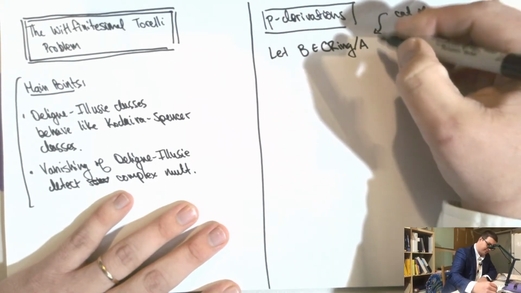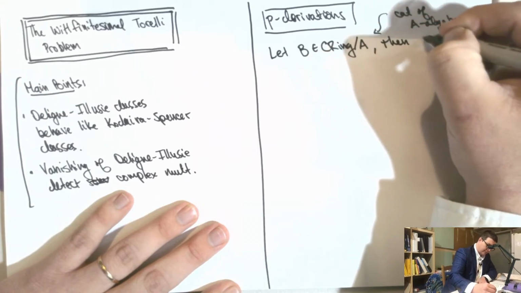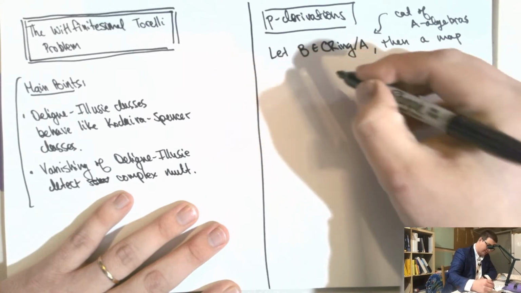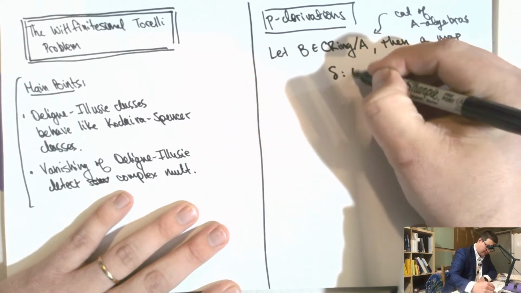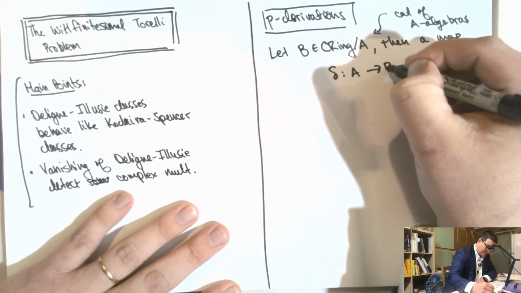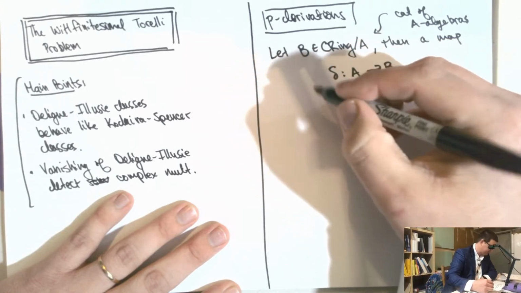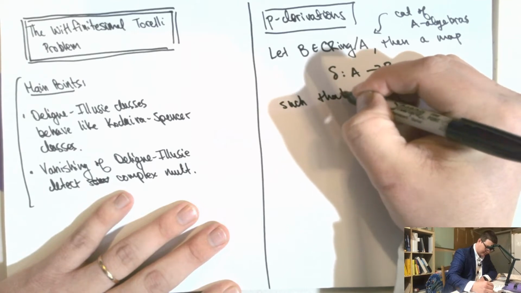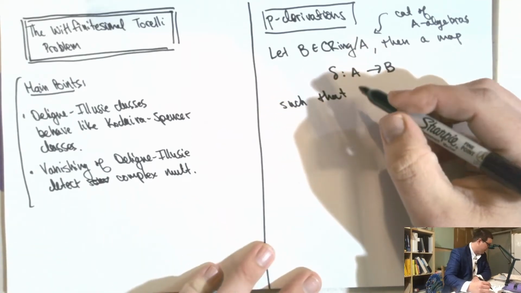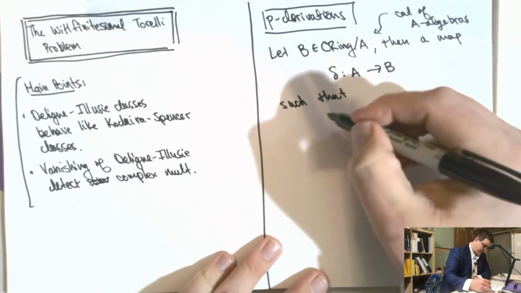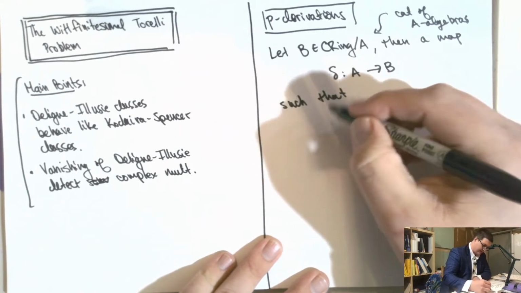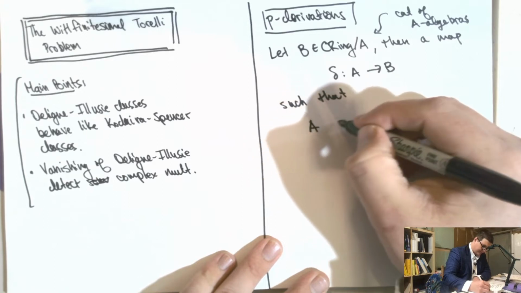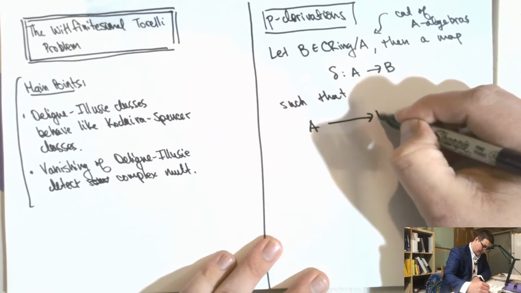Okay, then a map delta from A to B such that we have the following. So here we have A, and we go to the Witt vectors of length 2.